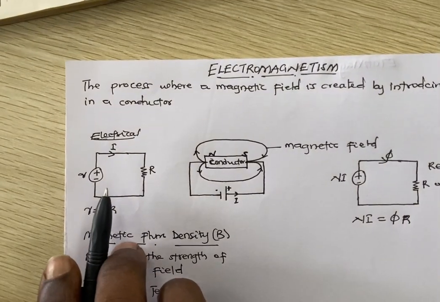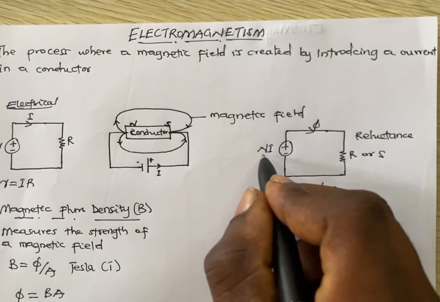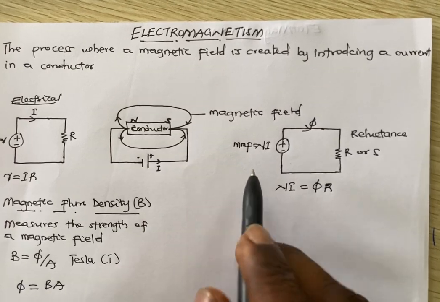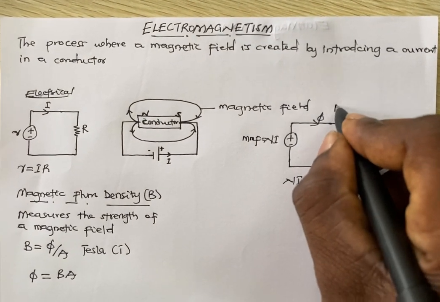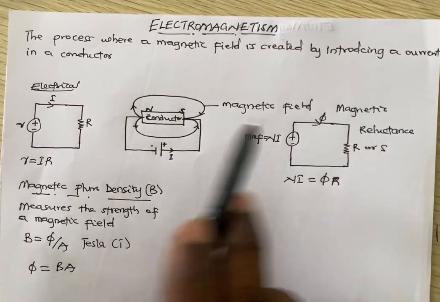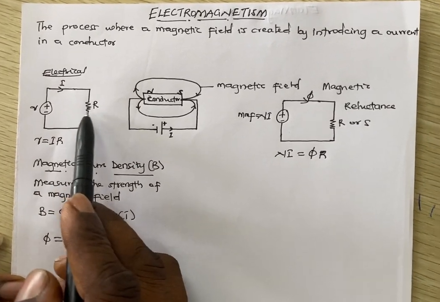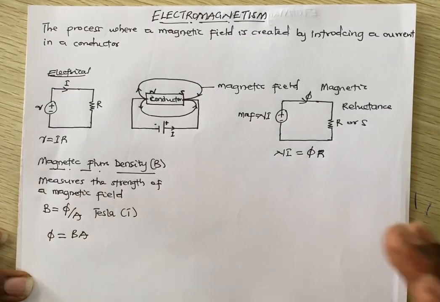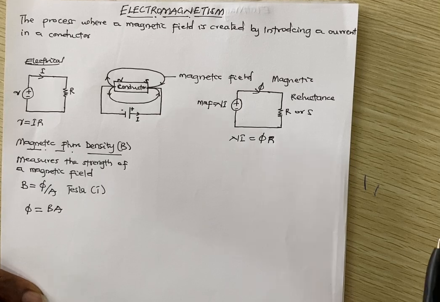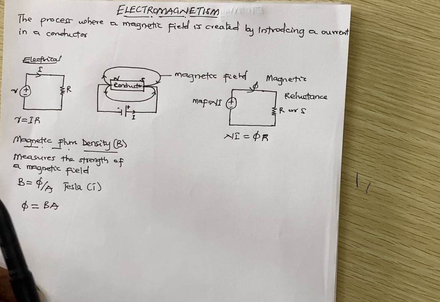The electrical circuit would have voltage, which represents the MMF or the force in a magnetic circuit, then flux representing current in an electrical circuit, then reluctance representing resistance. So that's the relation between the magnetic and the electrical circuit, right?